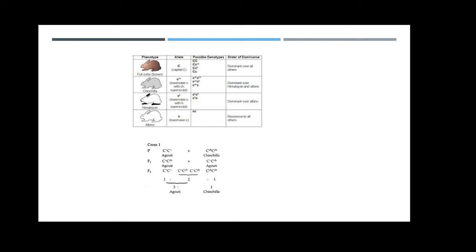So the possible genotypes of agouti color will be homozygous capital C, or heterozygous with chinchilla, capital C and small c superscript ch, or heterozygous with Himalayan, capital C and small c superscript h, or with one recessive gene of albino, capital C, small c.